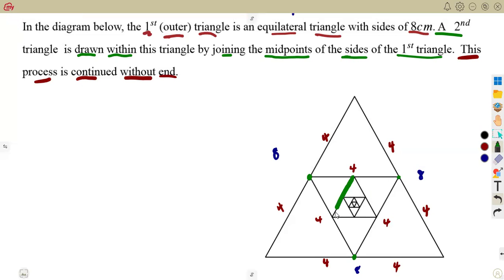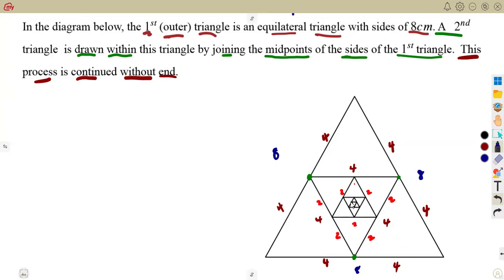The third triangle, the one inside, was drawn by joining the midpoints of the second triangle. So we divide 4 by 2, and this will be 2, 2, 2.